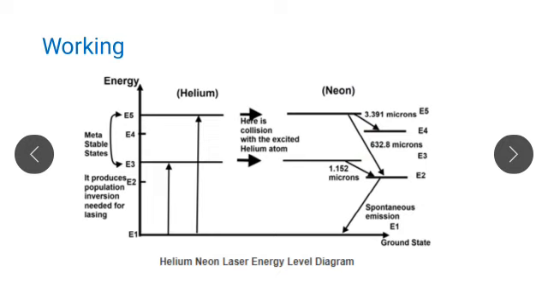The neon higher levels E4 and E6 are close to the excited energy levels H2 and H3 of helium, and hence the probability of helium atoms transferring their energy to the excited neon atoms through collision is greater.